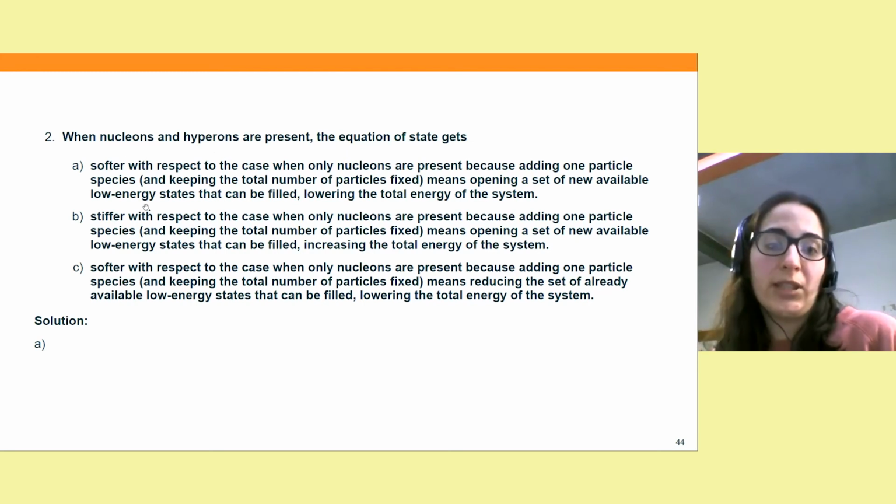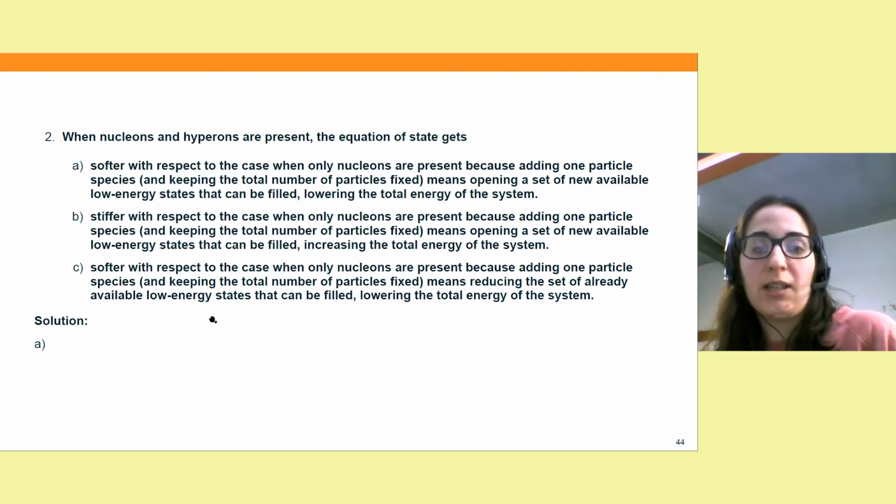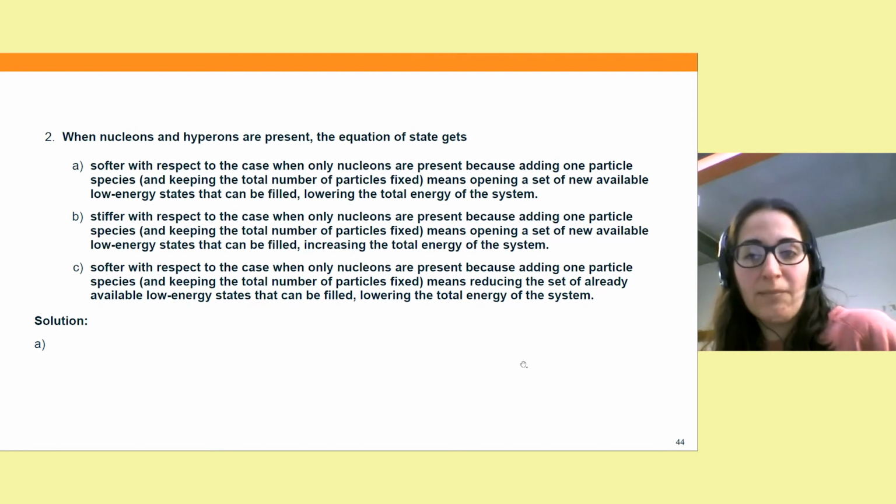And when you solve the TOV equations to calculate the mass radius relations, you get smaller masses for the maximum mass that your equation of state can give for neutron stars. And this is why it's a puzzle, because including hyperons softens the equation of state, and then you cannot reach the two solar masses from astronomical observations. Okay.